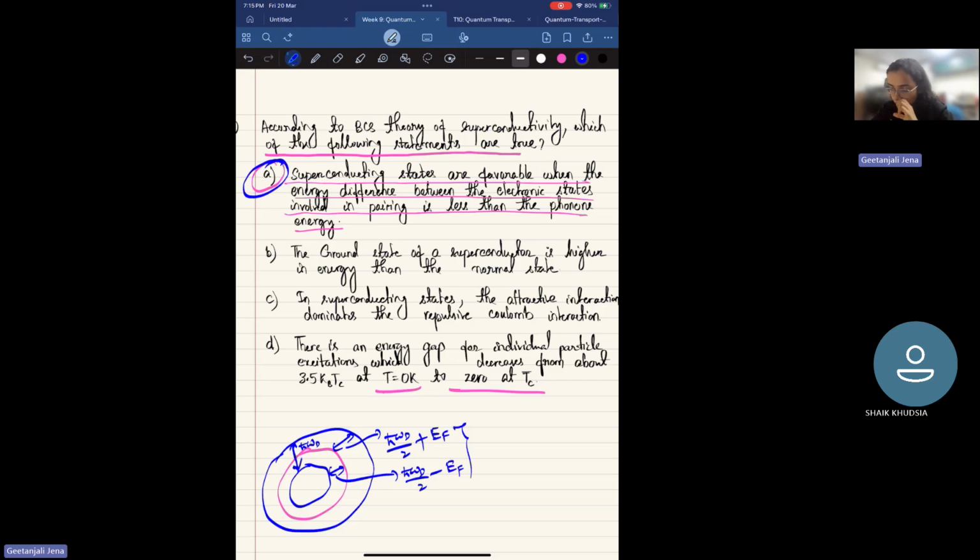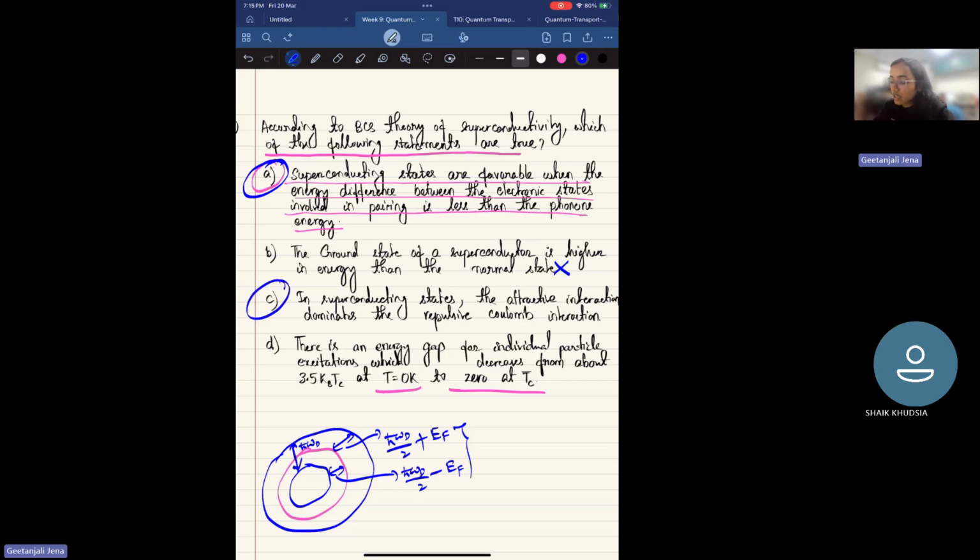Let us see option B. The ground state of a superconductor is higher in energy than the normal state. This is not true. When the Cooper pairs are formed, the ground state has lower energy as compared to the normal state. So option B is not the answer. Option C, in the superconducting state, the attractive interaction dominates the repulsive Coulomb interaction.